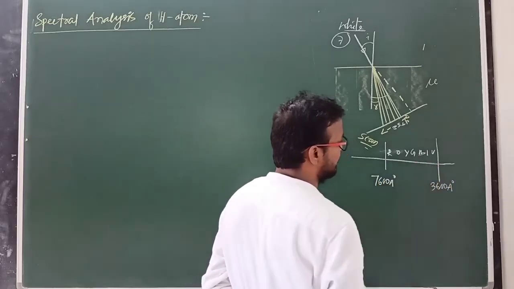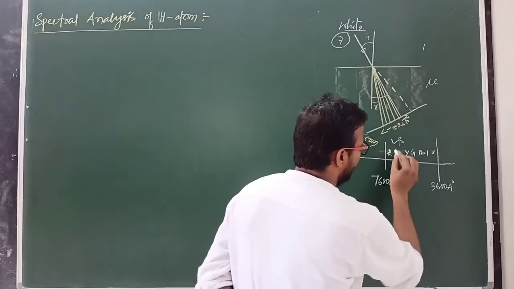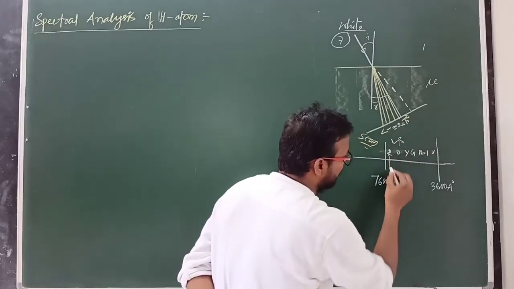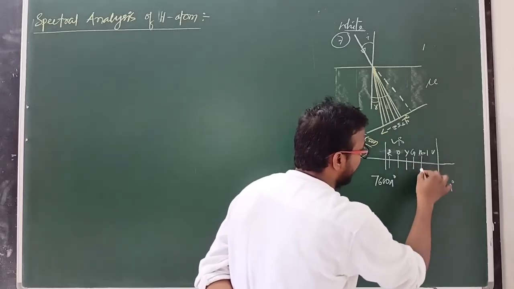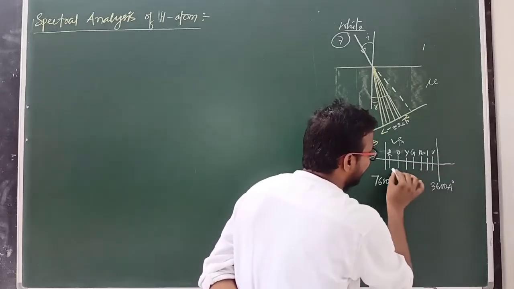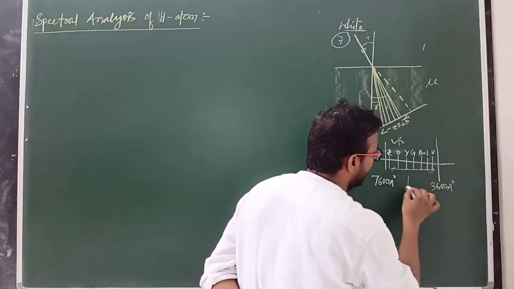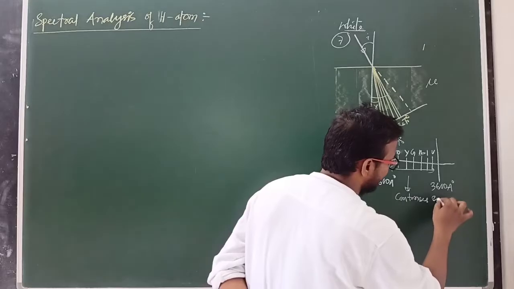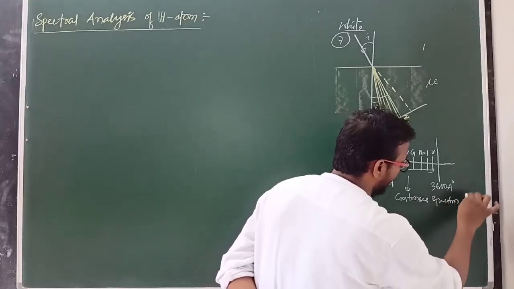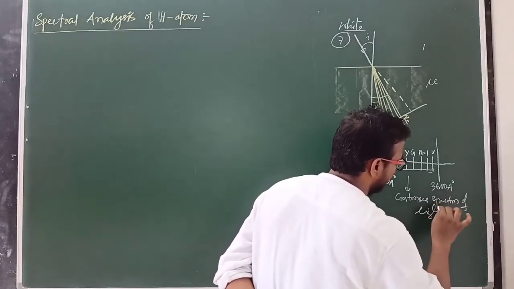This is the visible region. Clear? And we get all the wavelengths: red, orange, yellow, green, blue, indigo, violet. This region is known as the continuous spectrum. Continuous spectrum of light. Clear?